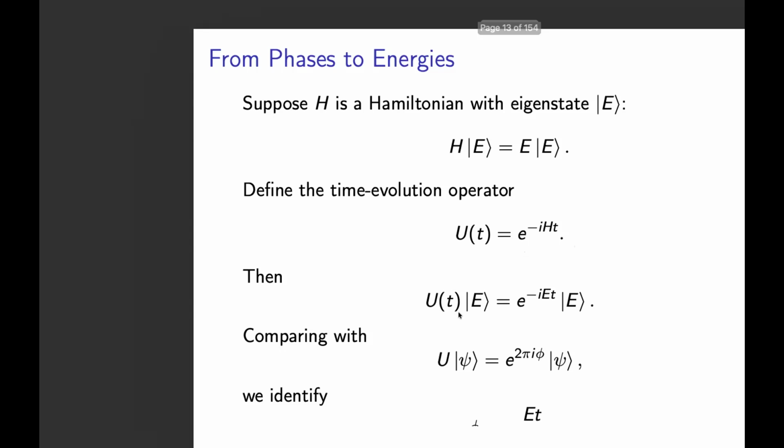You would simply have U of T acting on E. If you compare with this expression here, you can identify the energies in terms of T divided by 2 pi. So if you can implement this unitary operation, then you can find the eigenvalues of a given Hamiltonian. This is exemplified in the example from last week.